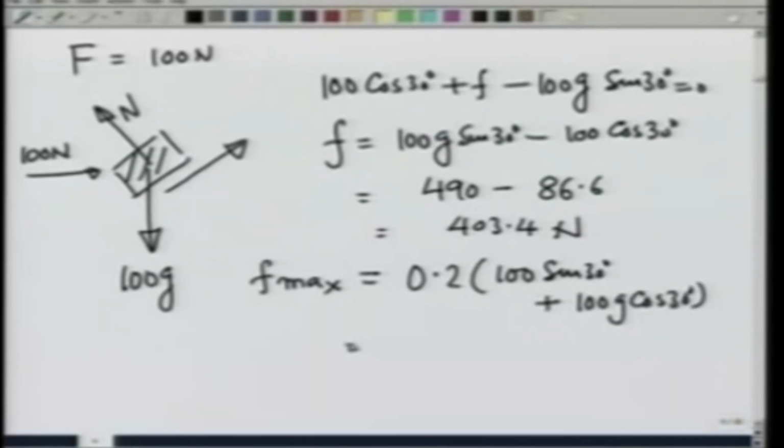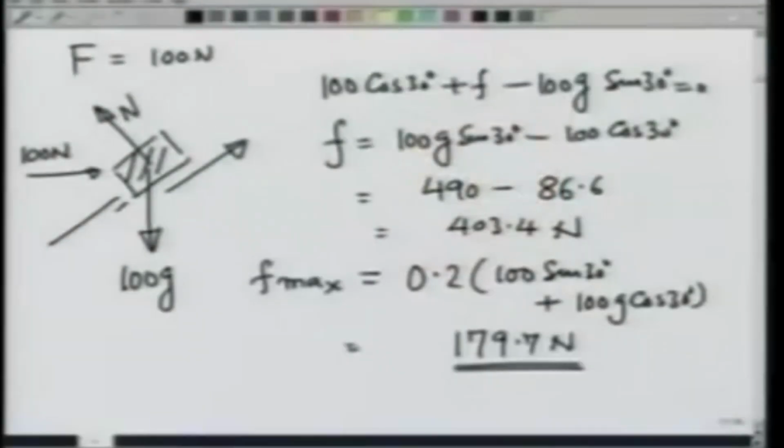You plug in the numbers, sine 30 is 1/2, cosine 30 is root 3 by 2, and the answer you get is 179.7 newtons. Thus, the maximum frictional force that is possible in this case when I apply a 100 newton force is less than the frictional force required to keep the block in equilibrium, and therefore, the block would start sliding down.